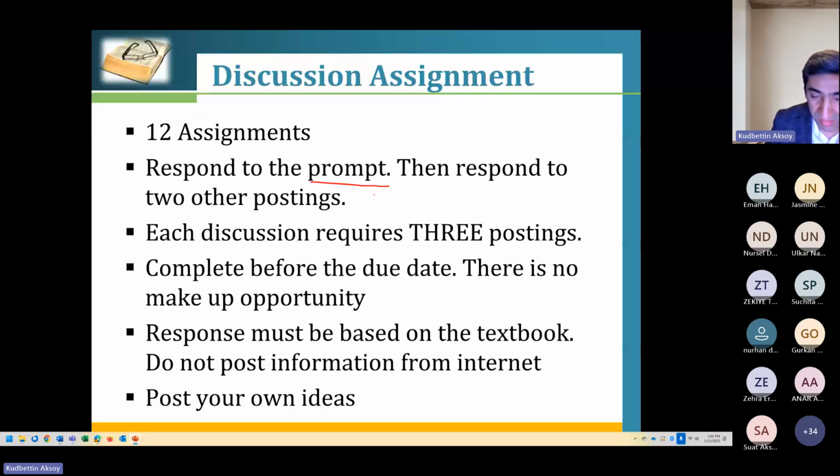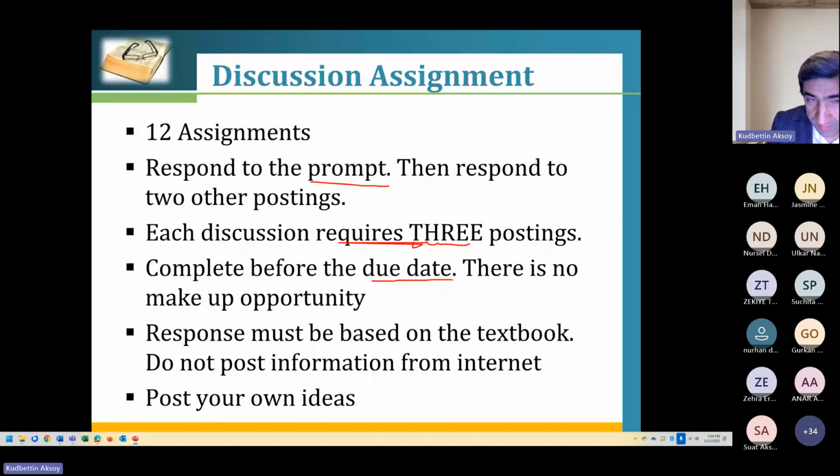It has to be a meaningful input to the conversation. In each discussion assignment, you are required to have 3 postings to get full credit. If you only respond to the prompt, you will get partial credit. You have to complete this before the due date.